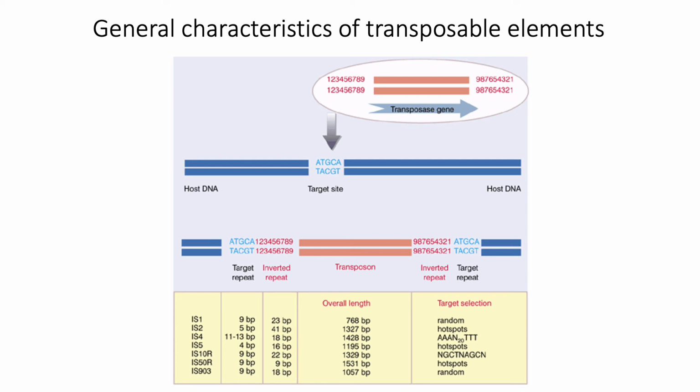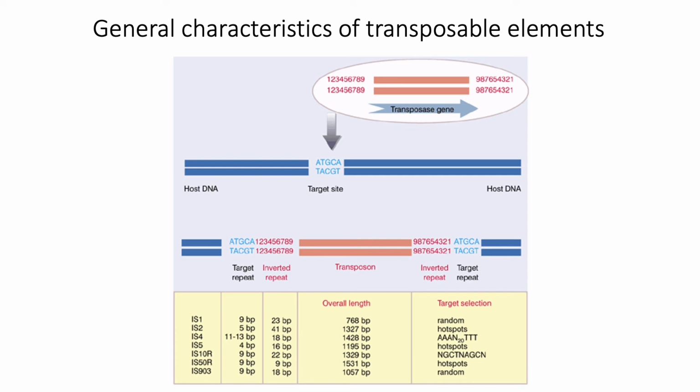Now, anytime an enzyme works on DNA, there's going to be some specificity, even though we refer to a lot of enzymes as random. They're still going to have some preferences, and some of these transposases are quite random, whereas others are a little less random.